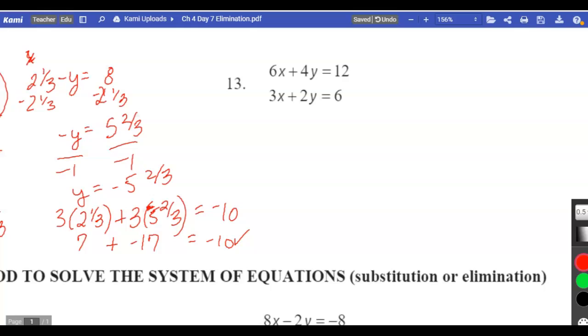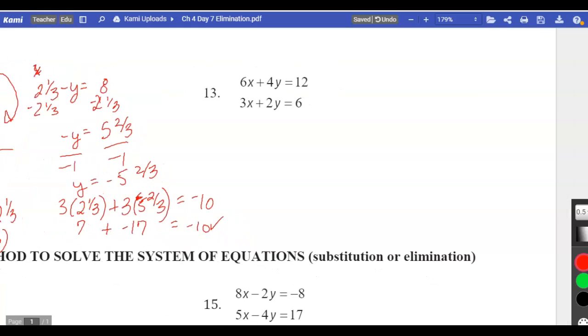Number 13. It's one of these ones where you might be able to look at it and say, wait a minute, if I multiply everything down here by 2, I would get the exact same equation. So if you get the exact same equation, you're going to have infinite solutions.